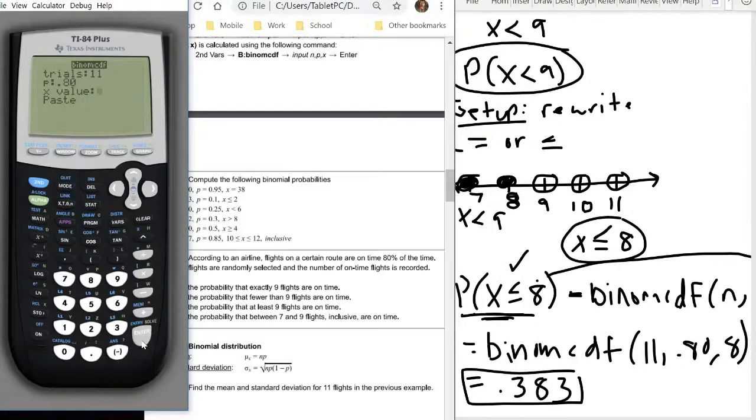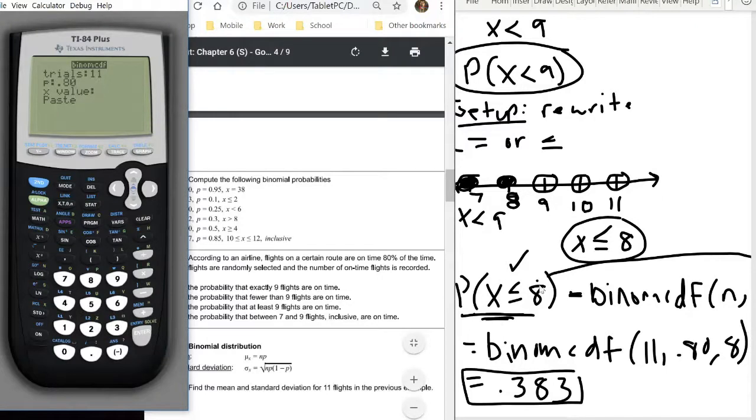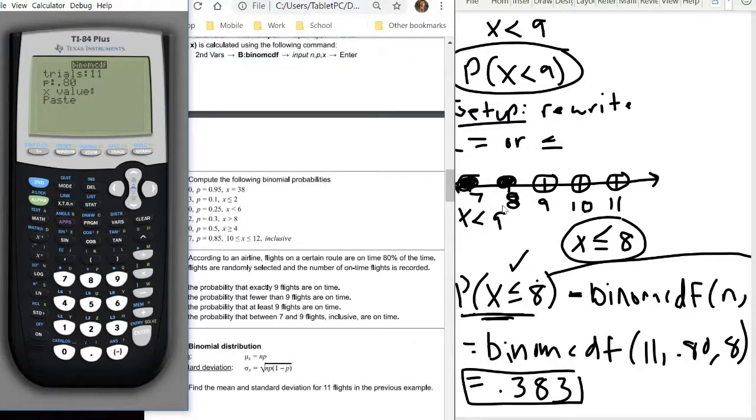And again, we have the correct setup here in the probability statement. Do not use the 9. The 9 wasn't the correct symbol. But once we were able to identify less than or equal to 8 works as well, now we'll use the 8 for the x value. The correct setup is required. So that places on the home screen. We hit enter one more time and notice 0.3825. Let's call it 0.383.